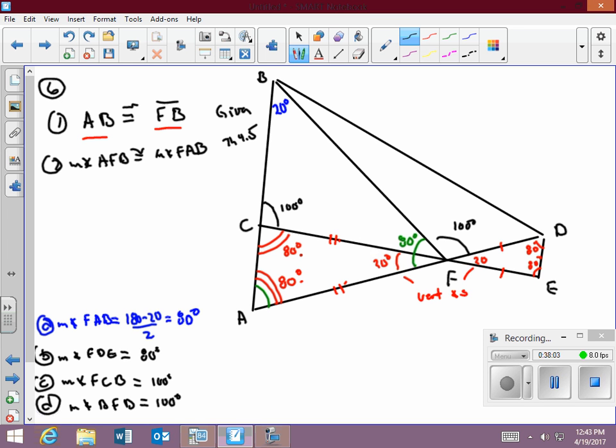See, this green one is 80, and the 80 plus that 100 degrees makes the straight line that goes through there.